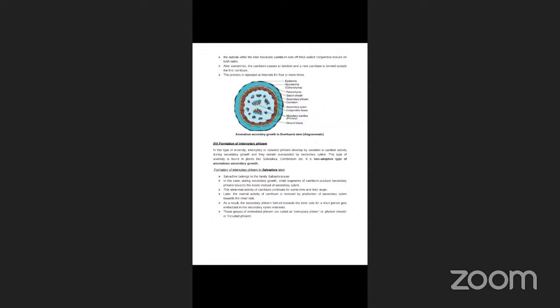Secondary xylem is laid on the central side, the medulla side, forming the xylem portion. Outside forms the phloem portion. The amount of phloem increases outside and the amount of xylem increases inside by the fascicular cambium. This is the main feature of secondary growth.